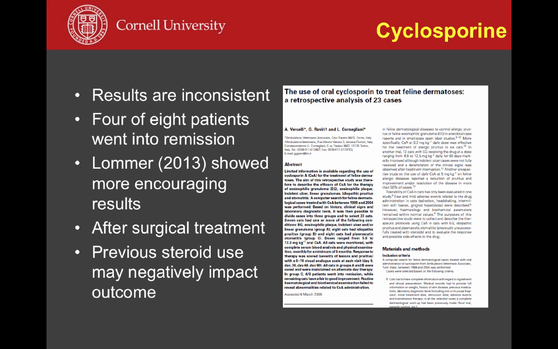Therefore it is recommended that the serum levels be checked every so often to make sure that the animal is receiving the proper dose. It has a lot of potential because if it is eventually proven to be a good way to treat these cats, even though it's not side effect free, the side effects of cyclosporine are incredibly less than things like steroids.